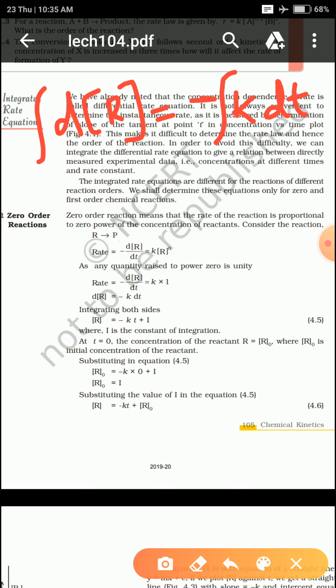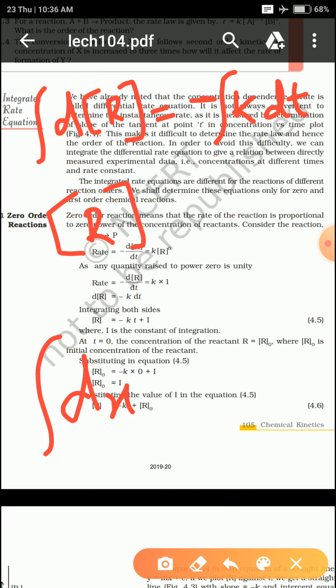The integral with respect to R means it will be R itself, right? The integral of dx with respect to x is x itself. So the integral of dR is R itself, equals minus K into dt.